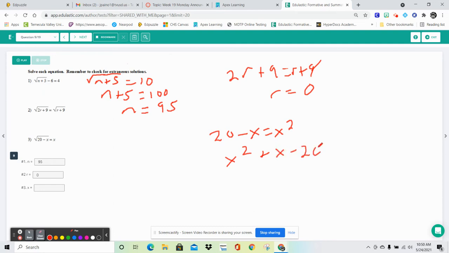This is factorable. What multiplies up to negative 20 and adds up to 1? So that's going to be x plus 5 and x minus 4. So I get two answers, negative 5 and positive 4.